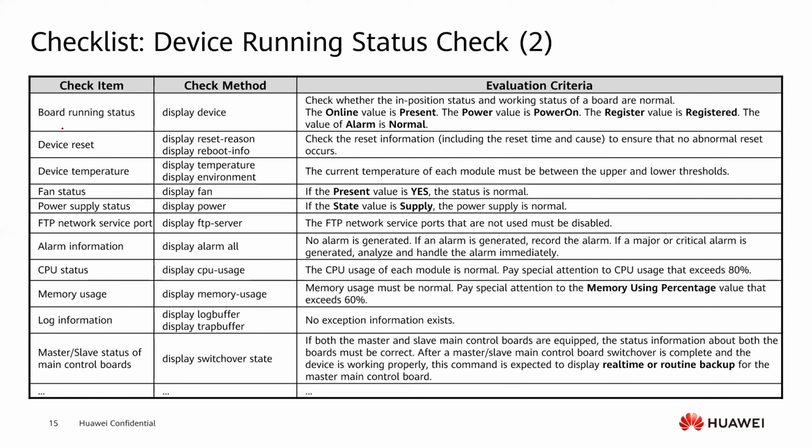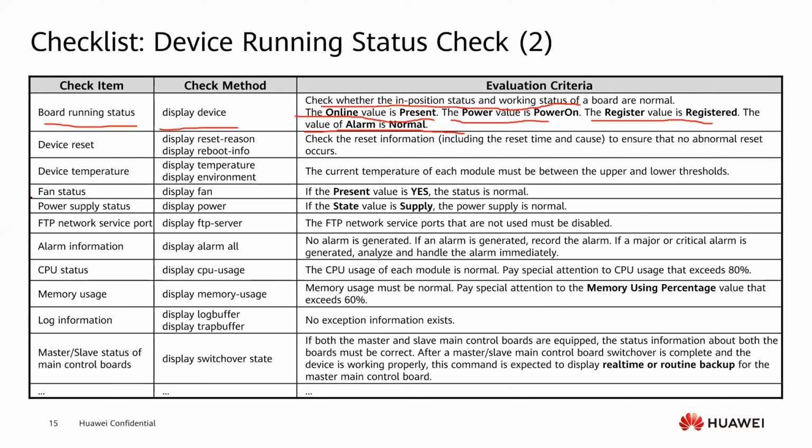For boot running status, we use display device. We can see this line. We can check whether the in-position status and the working status of our board are normal. The online value is present, the power value is power on, the register value is registered, and the value of alarm is normal.